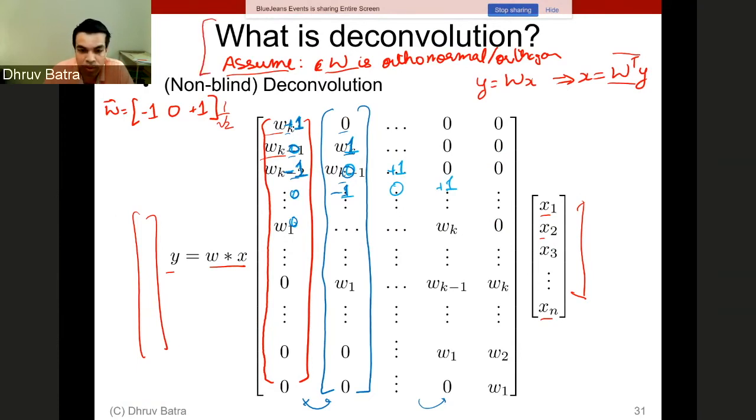If you assume certain structure in your convolution filters, then you can get that they will invert the operation of convolutions. But in deep learning, we are not guaranteed for any of these assumptions to hold true because W's are parameters. We are learning these parameters by minimizing a loss function, and we are nowhere holding these assumptions to be true.